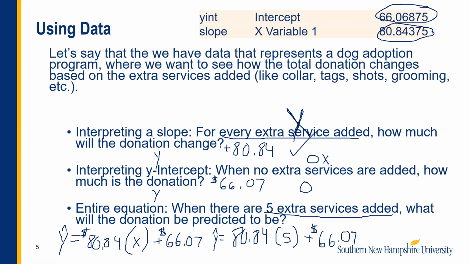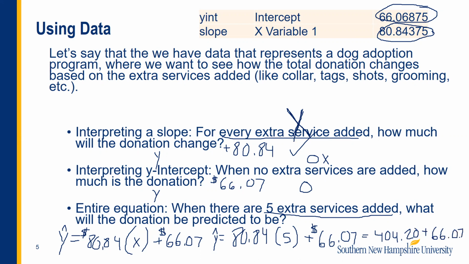So that's like the baseline value. With 0 services, they're going to donate approximately $66. But every service added is going to be an extra 80.84. So if we do this formula, 80.84 times our 5 services, that's going to be 404.2. And then we have to remember to add in the 66.07.